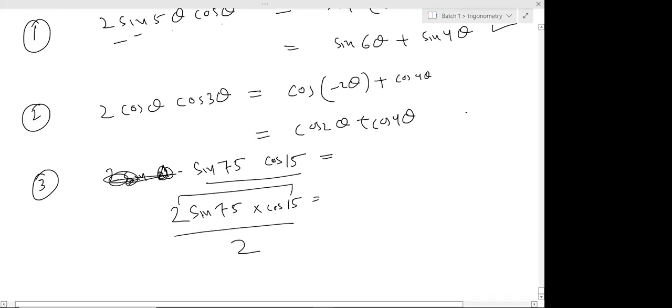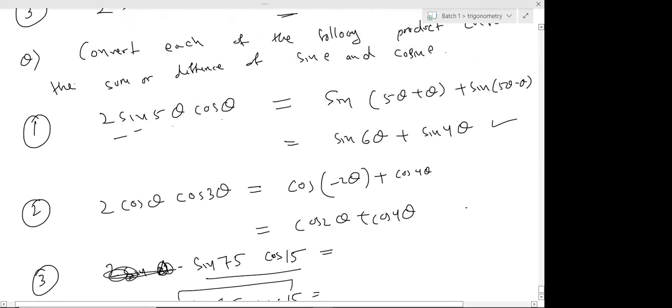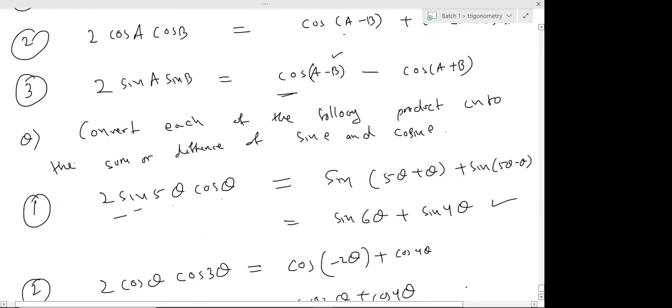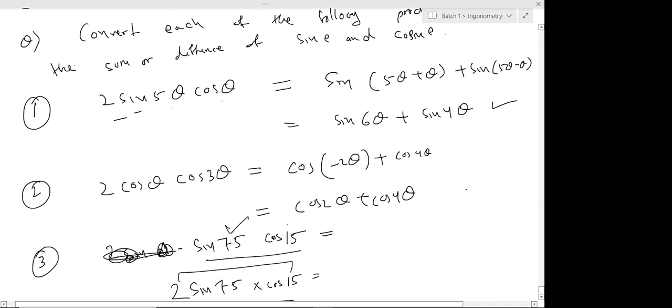You have this formula here, 2 sin A cos B. If I take 2 to this side, can you write sin A cos B is half of this, right? Yes, sir. So in here, you have the same formula, sin A cos B. So this can be half of 2 sin something something plus something something. All right. Try to solve this one.